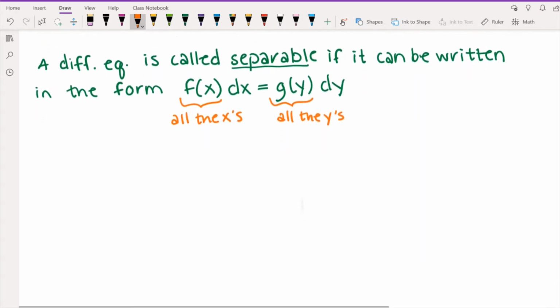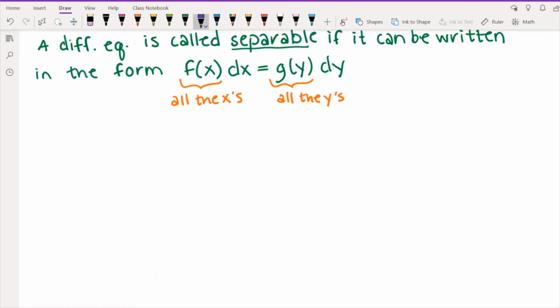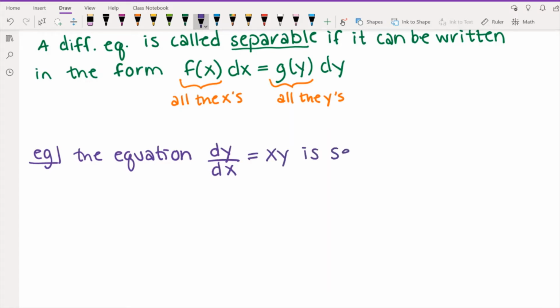So let's see an example of a separable differential equation. So the equation dy dx is equal to x times y is separable.